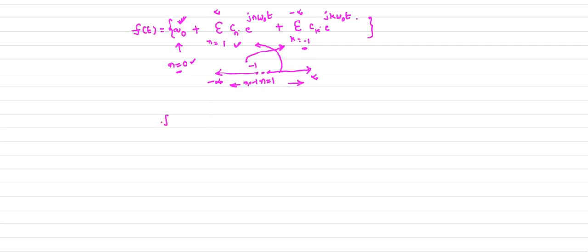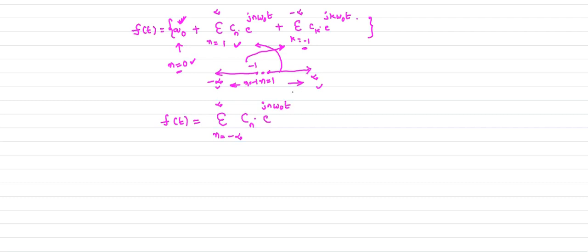Now I can club these two expressions as a single summation, sigma n equal to minus infinity to infinity, cn e power jn omega naught t.